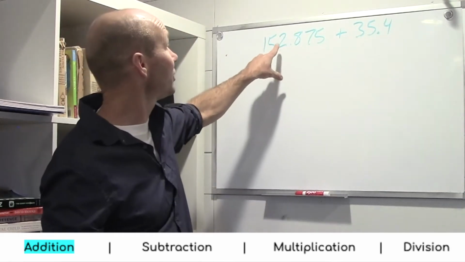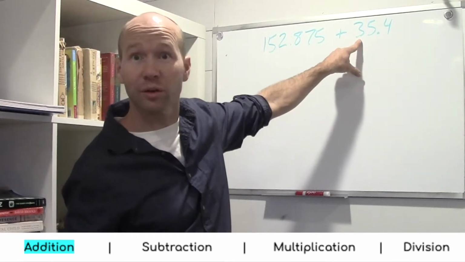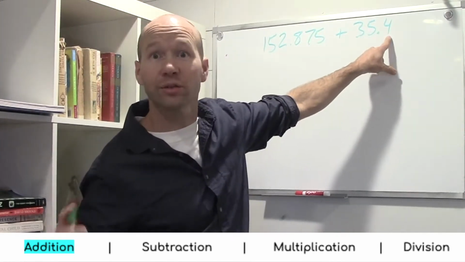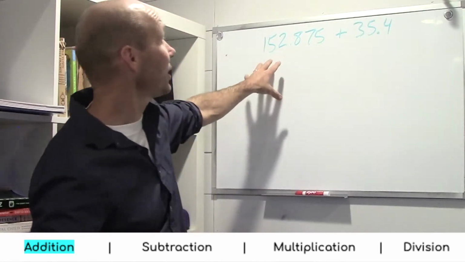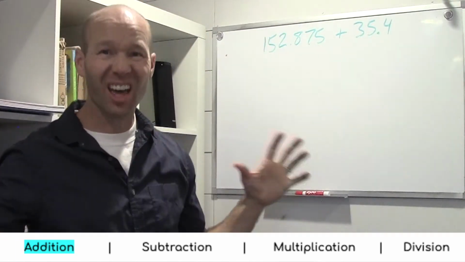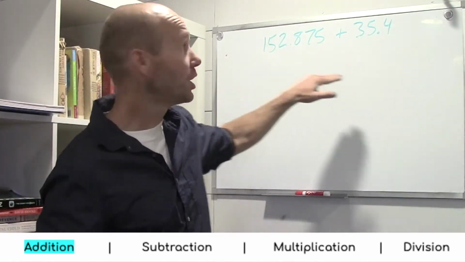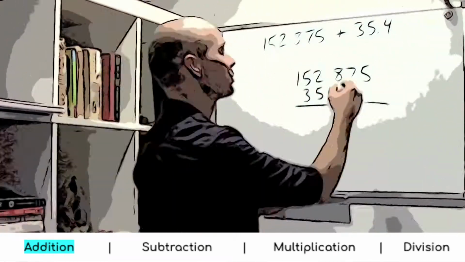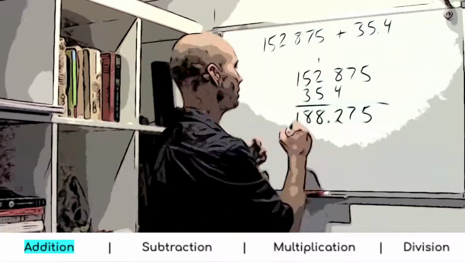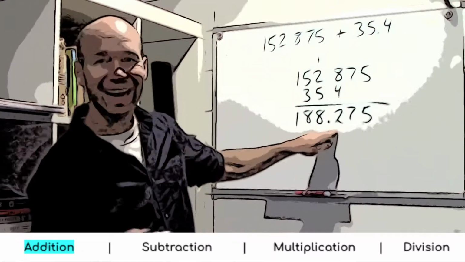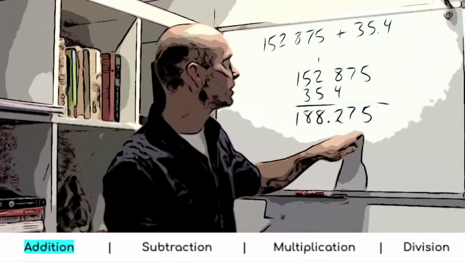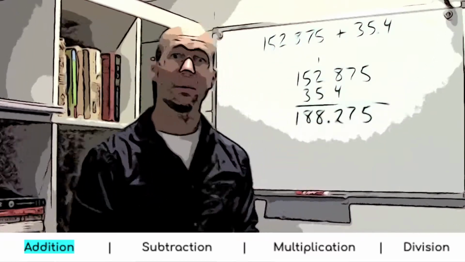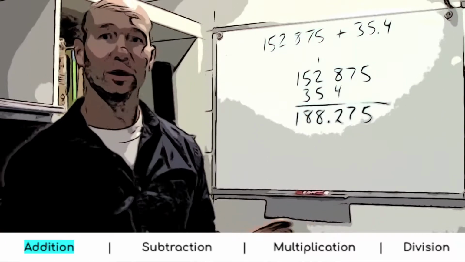I'm going to line up this 5 and this 3 together because those are the 10s. I'm going to line up this 8 and this 4 together because those are the tenths. Everything else is going to be lined up with nothing because it doesn't have something that it lines up with. So I get 188.275 when I add those numbers together. Really important that we line the decimal up.